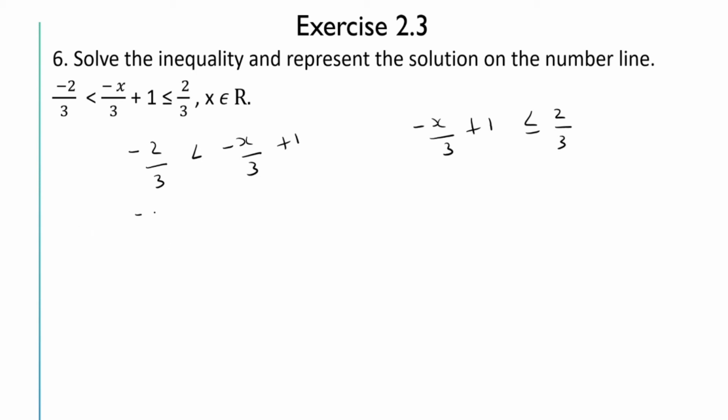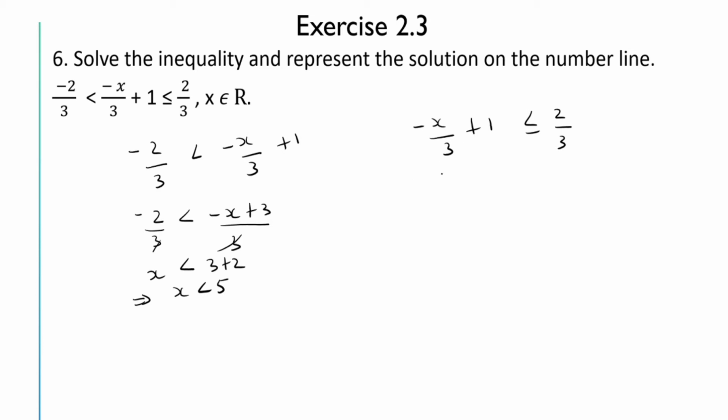So here we have minus 2 less than minus x plus 3. Here the 3 will go, or we have x less than 3 plus 2, which means x less than 5.